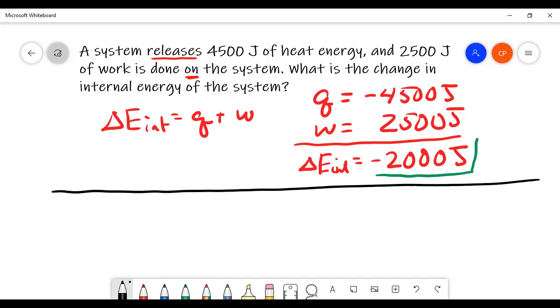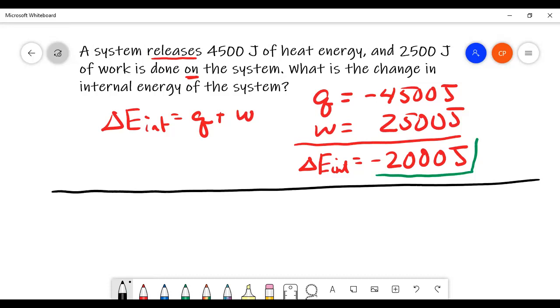Problems of this sort are exercises in recognizing the language in the problem and corresponding that language to a specific sign convention for, in the first case, heat transfer, and in the second case, work done.